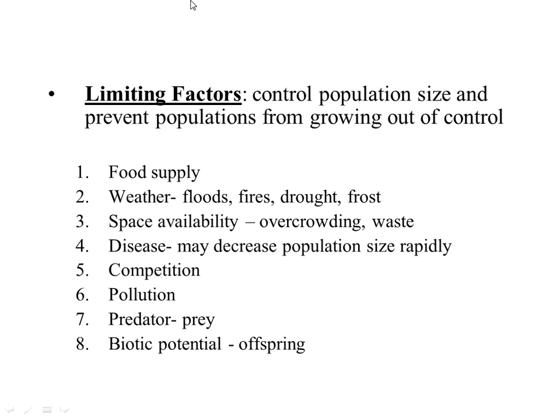So, what's going to prevent a population from getting completely out of control? And out of control simply means too great, like really great. Too many organisms.